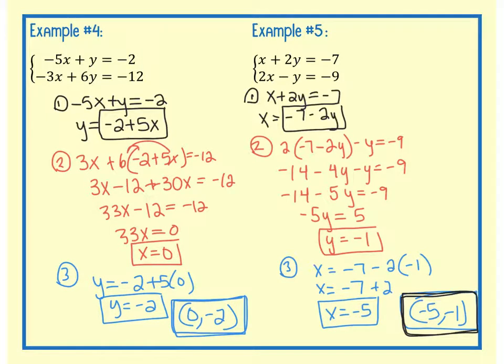Okay. You should have gotten -5, -1. Okay. So here's how I did it. I chose the top equation, solve for x.